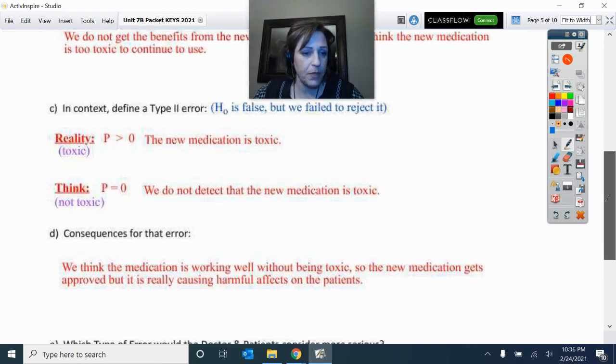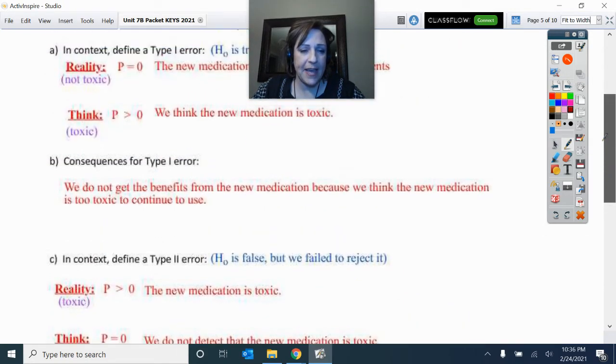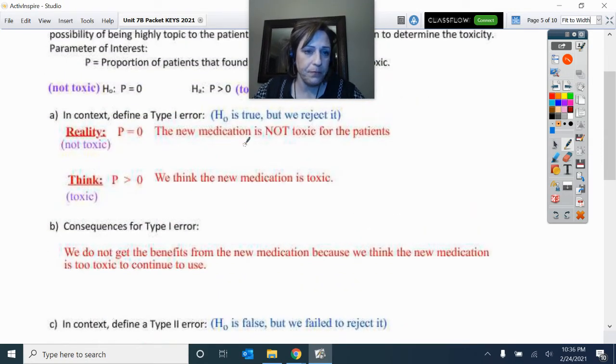So which type of error would the doctor and the patients consider more serious? Probably, I mean, type 1 would be bad in that, you know, we fail to find the good, we missed an opportunity. Okay.